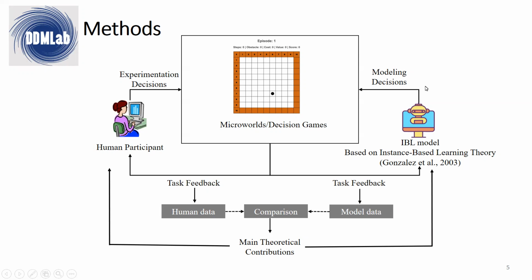And those models are actionable models that can also make decisions in the same task. Now, what we usually do is, through the data collected from the models and the humans, we compare them. And this allows us to improve our theoretical understanding of this process, or come up with some ideas for new experiments to develop our model even further.